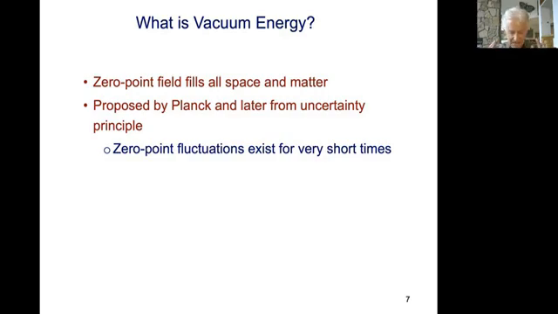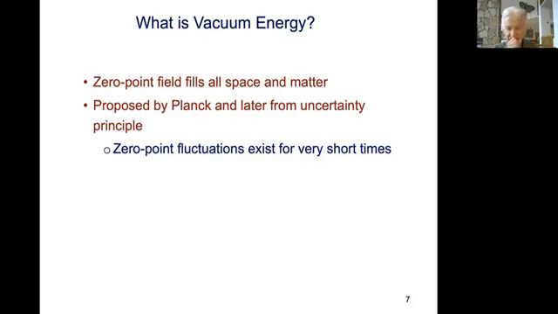So the basic idea of the uncertainty principle is that you cannot know to absolute precision two different types of variables at the same time. So for example, you cannot know the position and the momentum or velocity of a particle, both of them to absolute precision. If you know the momentum more, you know the position less, and vice versa.